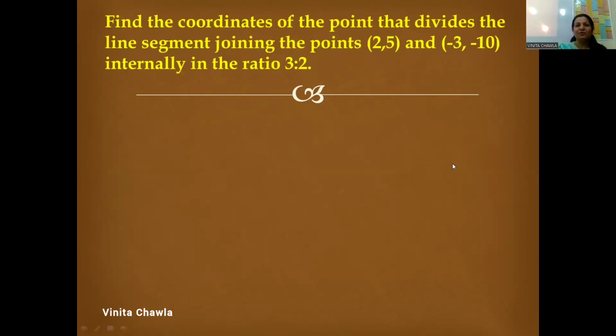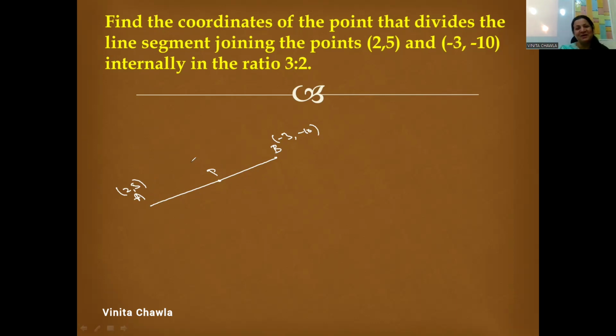Okay. So now we have to find the coordinates of the point that divides the line segment joining the points (2, 5) and (minus 3, minus 10) internally in the ratio 3 is to 2. We have a point A, point B, coordinates of A is (2, 5) and that of B is (minus 3, minus 10), and we have a point P somewhere on the line AB.